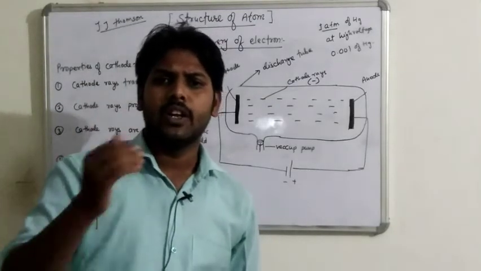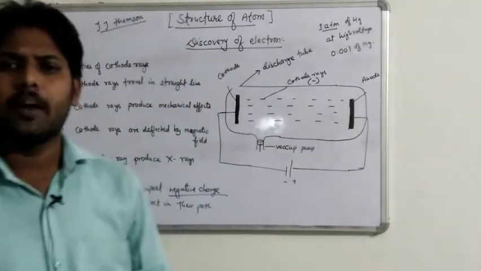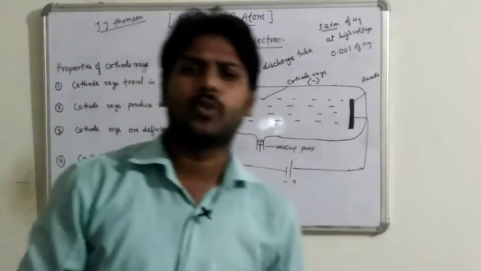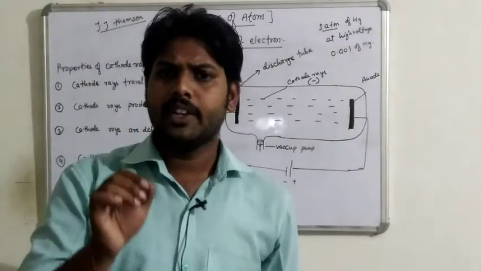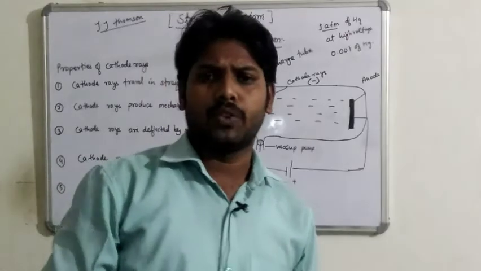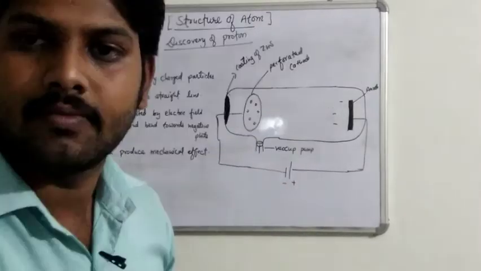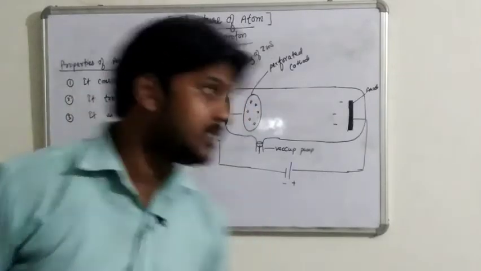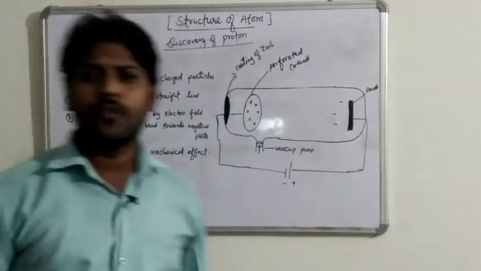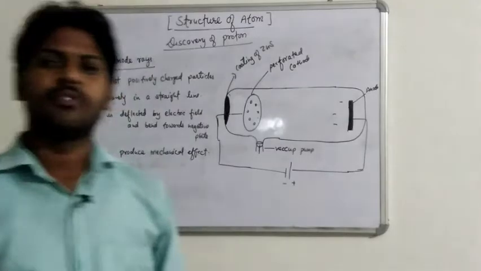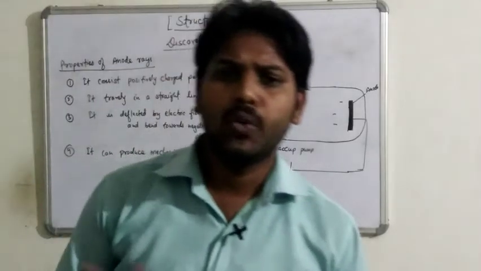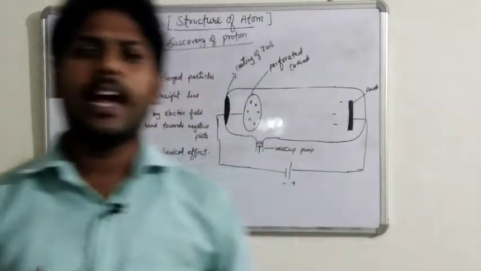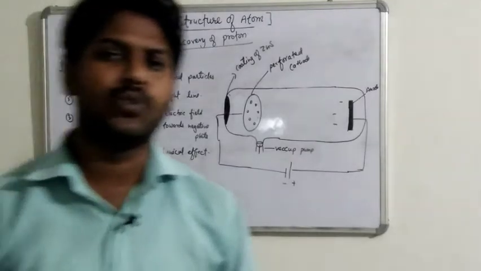Now clear children? Now I am going to tell you about the discovery of proton by Rutherford. Now students, our second particle, that is the discovery of proton. Clear? Students, we all know it very well that atom is electrically neutral.